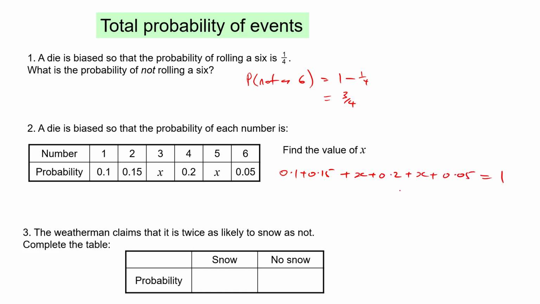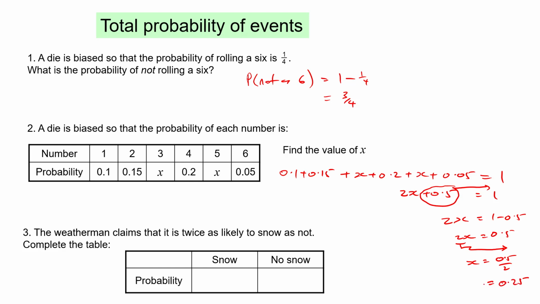So if we add the numbers and the letters, we got 2x plus 0.5 is equal to 1. So we can take our plus 0.5 over the other side. So that means 2x is equal to 1 minus 0.5. 2x is equal to 0.5. And so we divide by 2. We got x is equal to 0.5 divided by 2, or half of 0.5, which is 0.25.